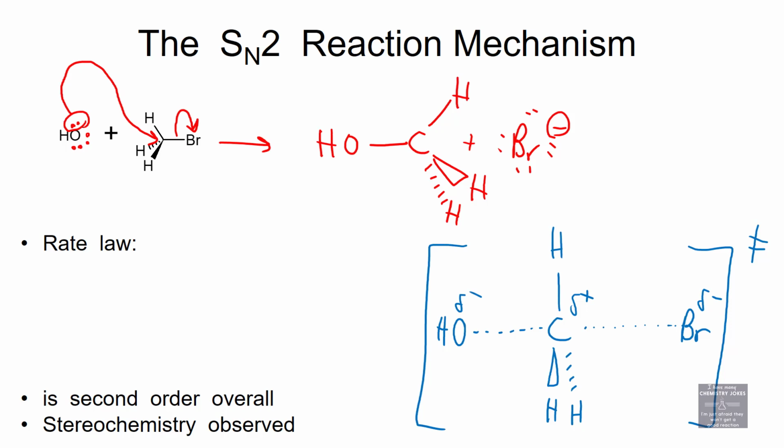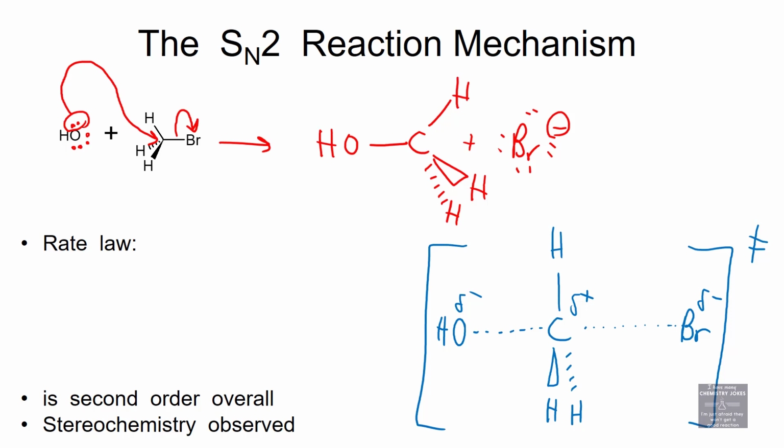You're making a new carbon-oxygen bond, breaking an old carbon-bromine bond. A transition state shows what's being made and what's being broken, all the little dotted bonds. So this is a concerted mechanism, but we often show a little transition state as part of our concerted step, especially for an SN2. Okay?